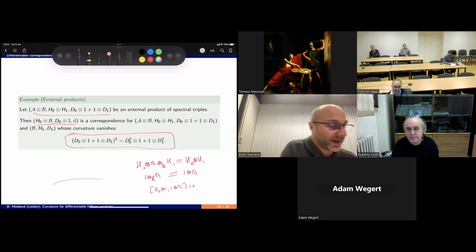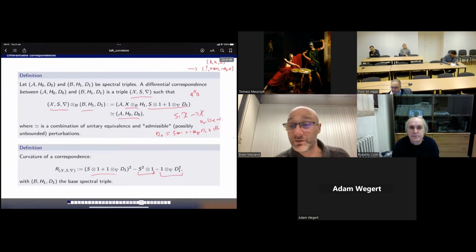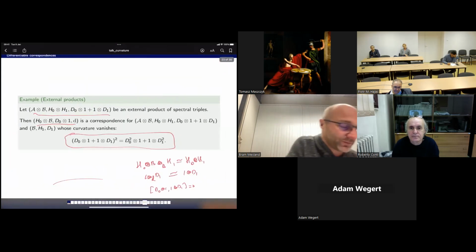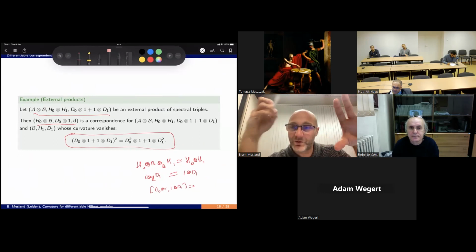And then if we go back to the definition of this curvature, then you see that it vanishes. And this fits with the perspective that this curvature is a relative notion, and that this tells us that the curvature of a direct product fibration, so I have two manifolds, I take a direct product, I project back to one manifold, should not have any relative curvature in this kind of fibration, because the fibration is a direct product.